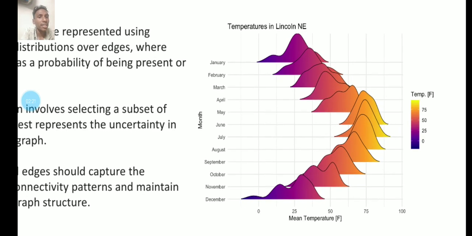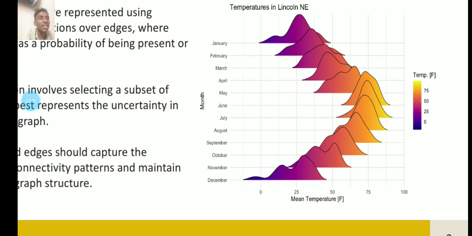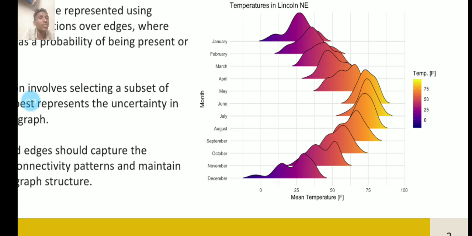Here it is a graph related to months and temperature. Here we can see that it has different types of colors, which indicate different types of temperatures in Fahrenheit.